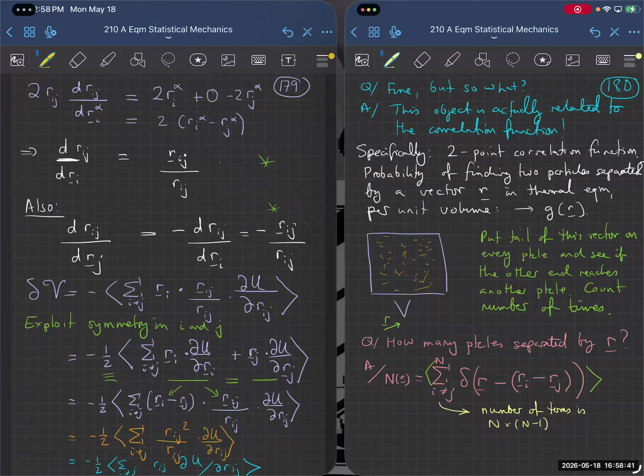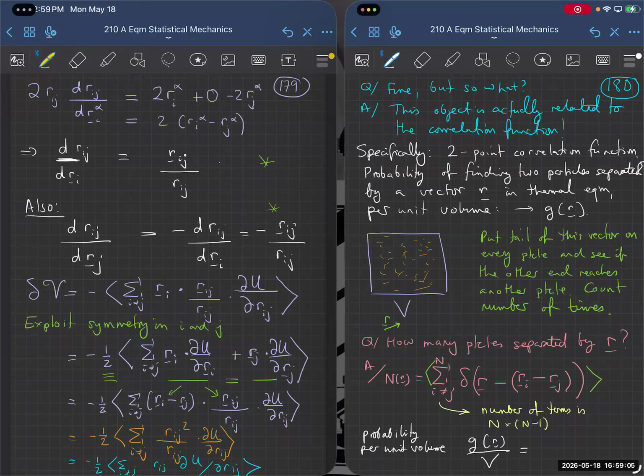And so if I want to know what the probability is per unit volume, so I'm going to call that G of r. I'm going to divide by the volume.